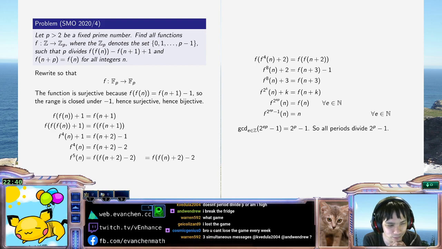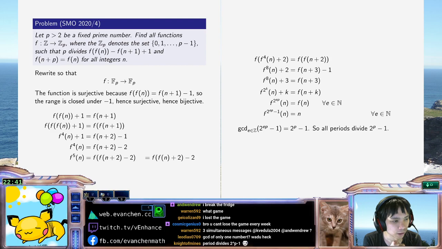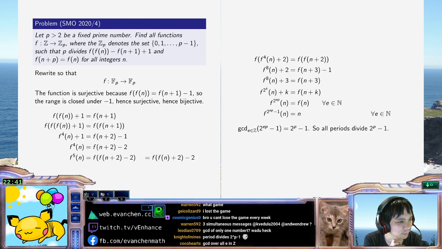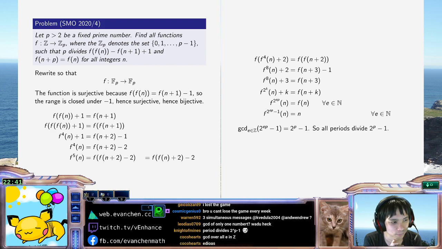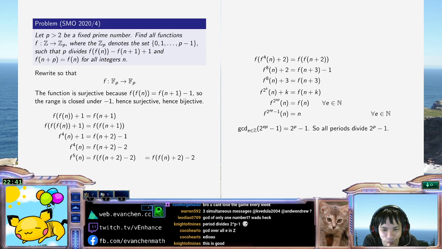So, I mean, this solves the problem if it's a GCD of a bunch of numbers. Yeah, the period divides 2 to the p minus 1. Which is... I mean... I don't know what to make of that. So this solves the problem for p equals 2, 3, 5, 7.